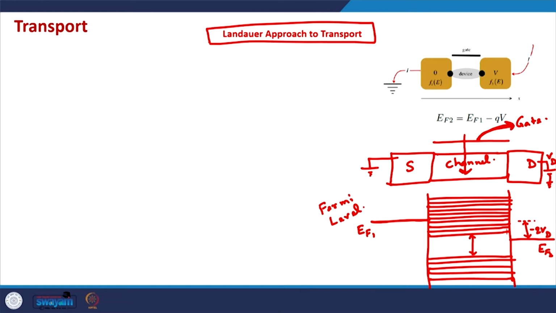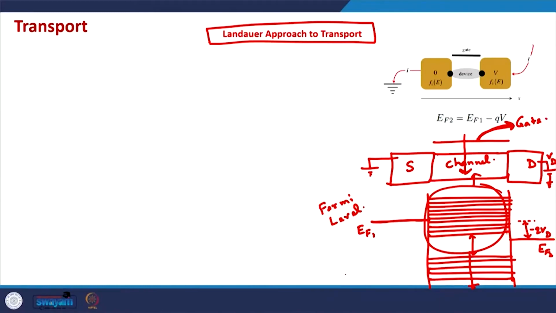So that's the major influence of the gate voltage. When the gate voltage is applied, these energy states that are there in the channel, all of them, can either be shifted upwards or they can be shifted downwards. So if we are applying a positive voltage, they will be shifted downwards, and if we are applying a negative voltage, they will be shifted upwards.